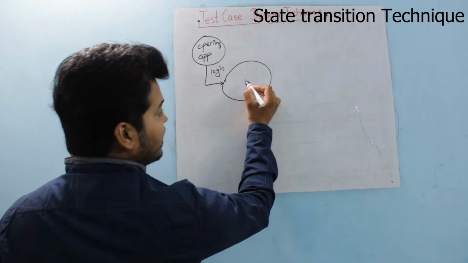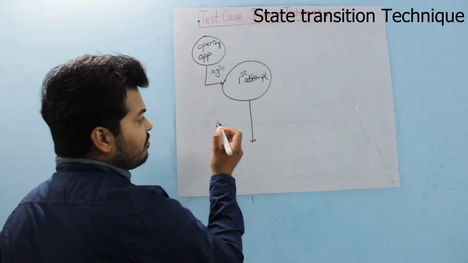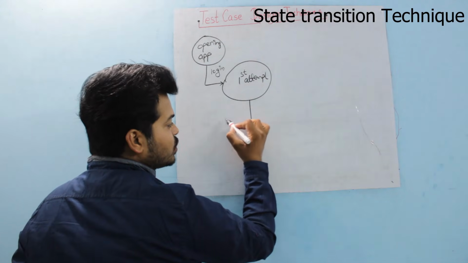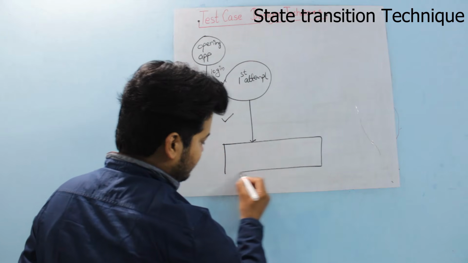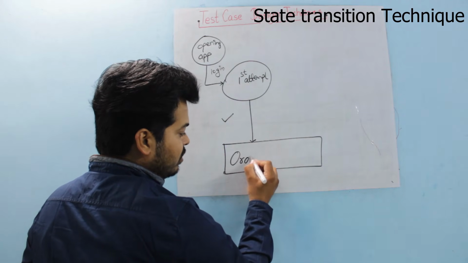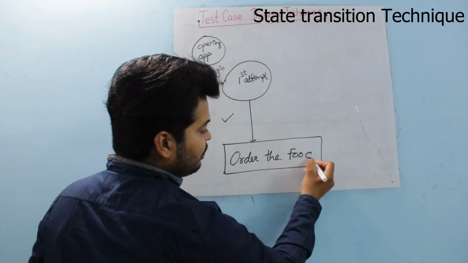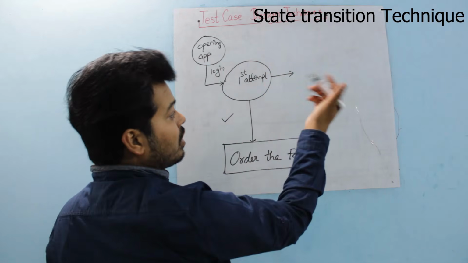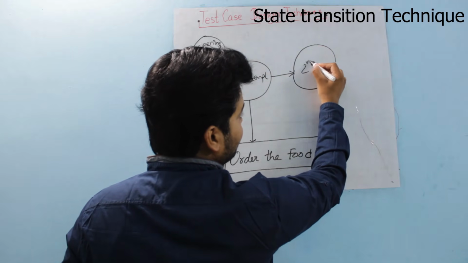Once they are logging in, on the first attempt, if they enter the correct password, they can order the food. In case their password is not matching, we will give them a second attempt.